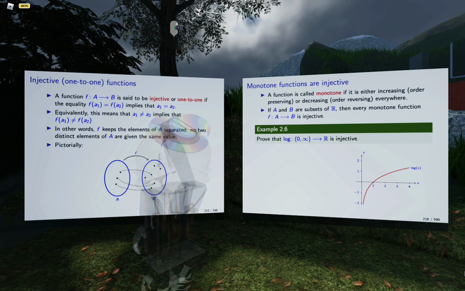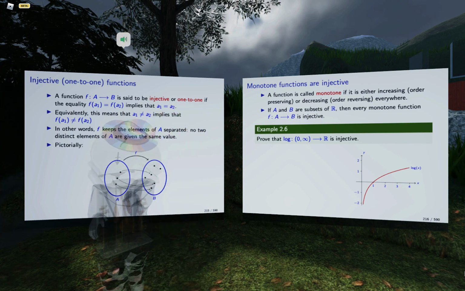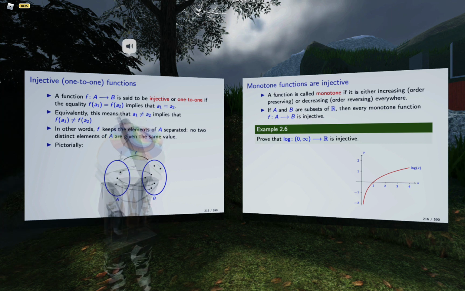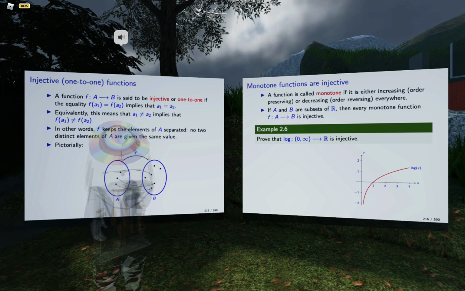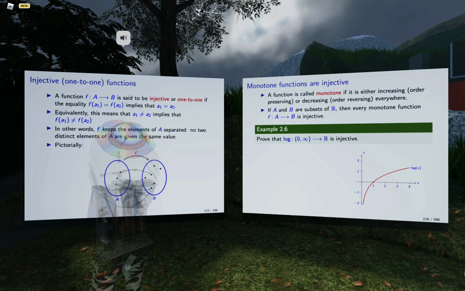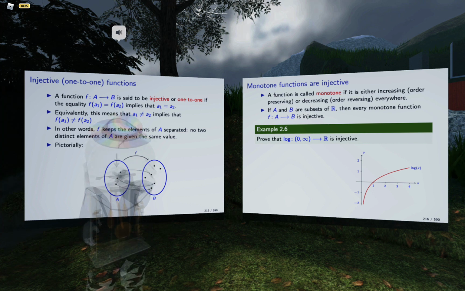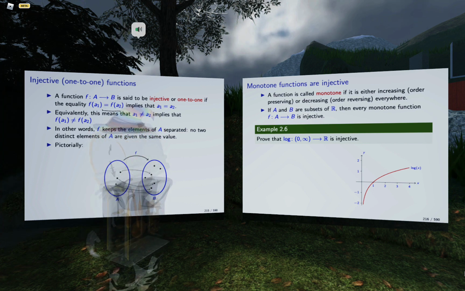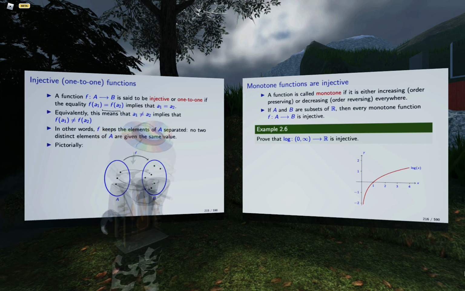Now, there are 2 equivalent presentations of injectivity here. So the first one says that a function is injective if whenever you feed in 2 inputs, A1 and A2, if they end up being equal, which is what this says, then they must have been equal to start with.